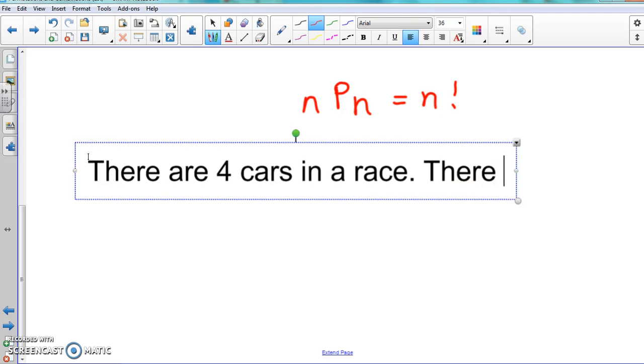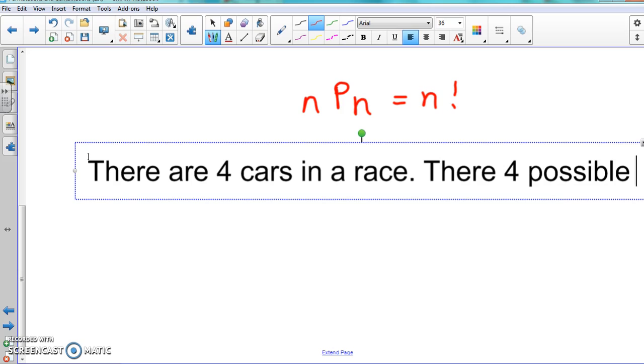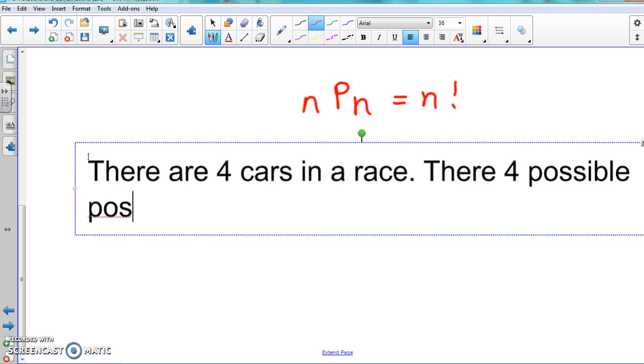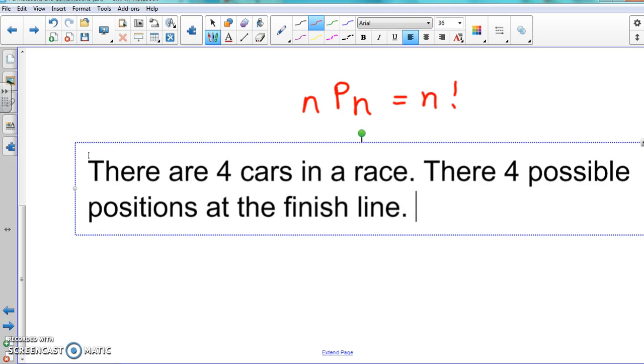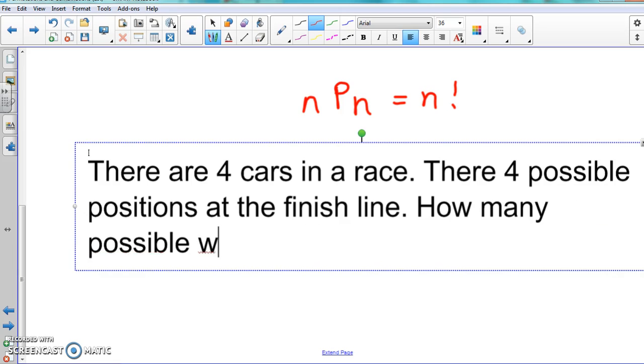There are 4 possible positions at the finish line. And we're going to look at how many possible ways the cars can finish or rank. So in other words, first, second, third place.